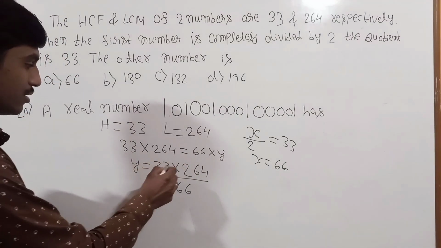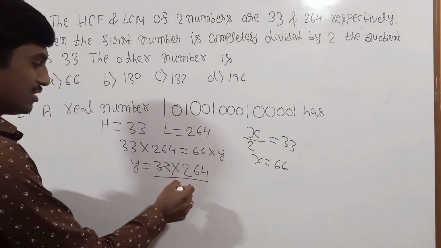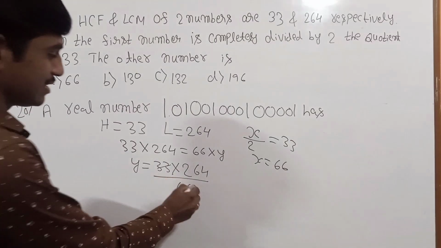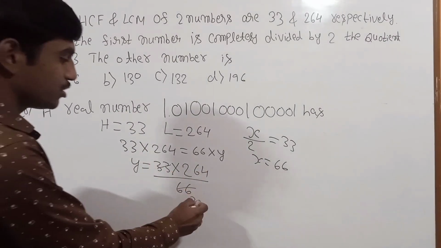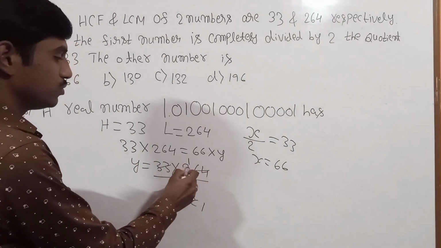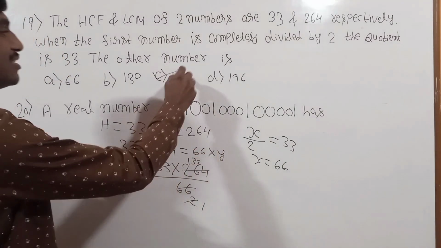When we divide here, 33 1s are 33, 33 2s are 66, and then 2 1s are 2, 2 3s are 6, 2 2s are 4. The answer is 132, which is option C.